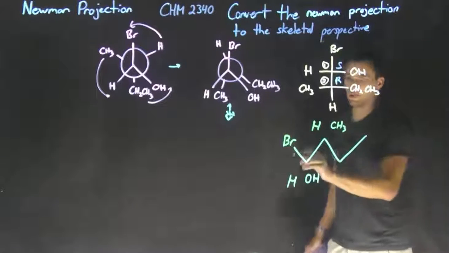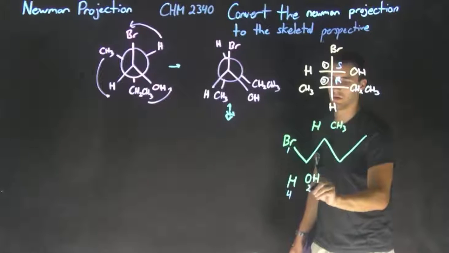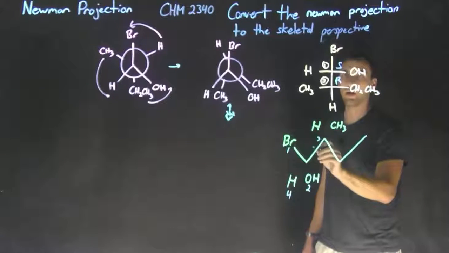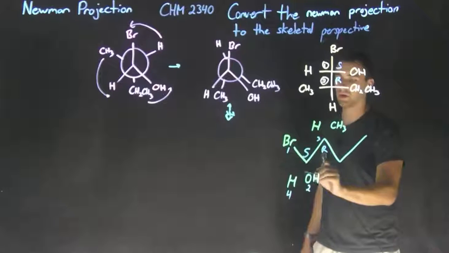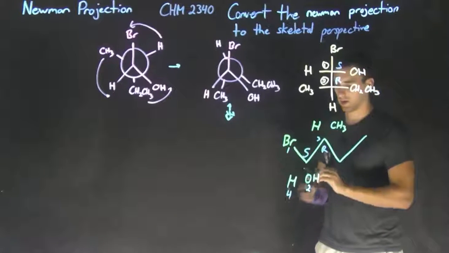For this one, we can see that we need S. So if we were to keep hydrogen in the back, we would get the S configuration.